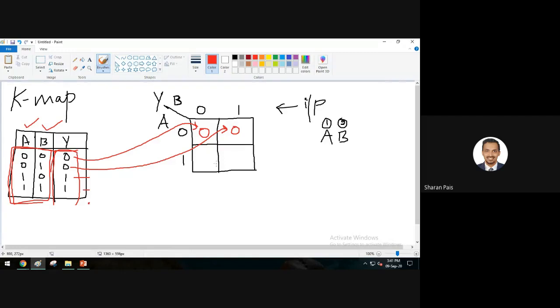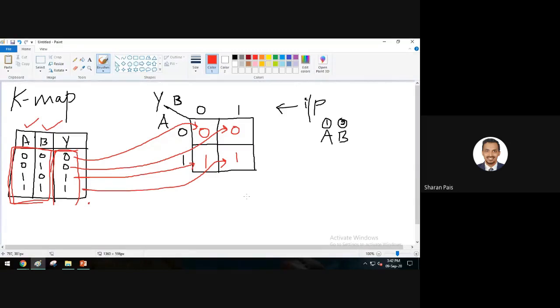Next, A is 1, B is 0, in the second row. What is the output? 1. This 1 is written at this place. Next, the last location: A is 1, B is 1. The output is 1.